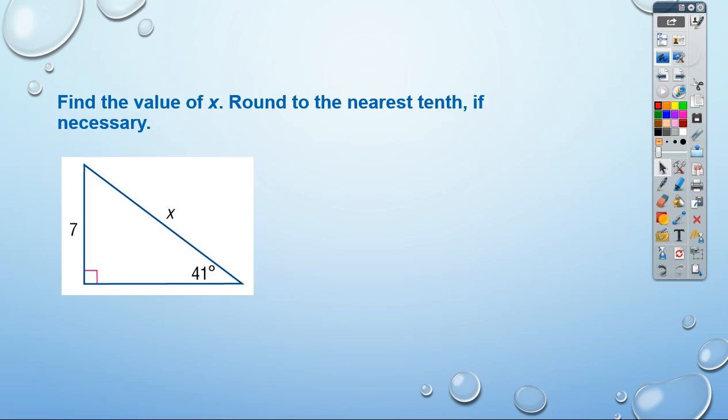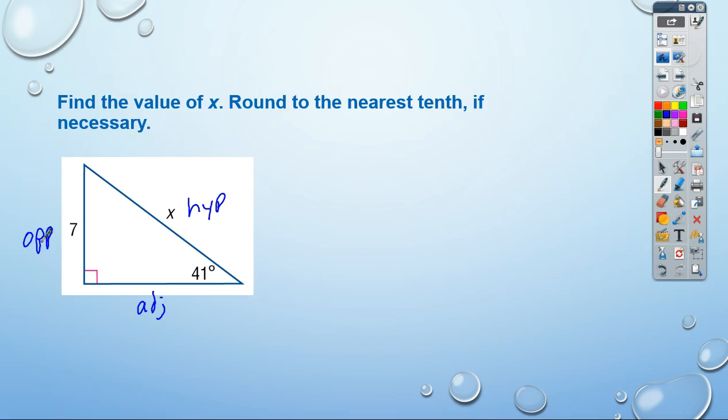Your turn. Actually, we'll do this one together. Again, I label everything. Here's my hypotenuse. One here is adjacent. Across from it is opposite. I know opposite.